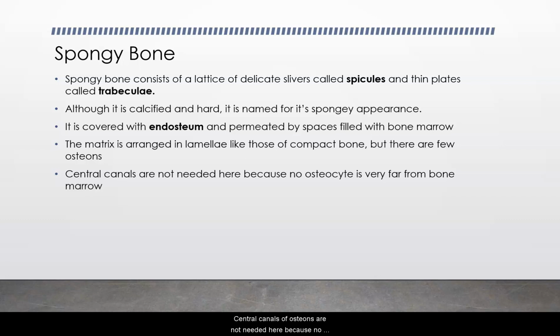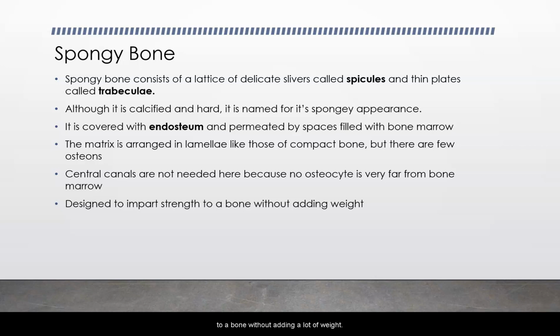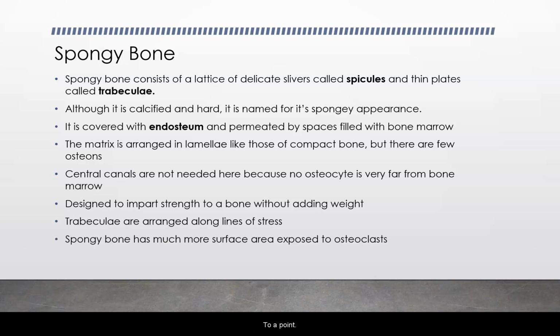The central canals of osteons are not needed here because no osteocyte itself is very far from bone marrow, because it's all filled with bone marrow. This is designed this way so that you can impart strength to a bone without adding a lot of weight. That's important. Trabecula are arranged along the lines of stress so that the bone can actually be stressed without breaking, to a point.